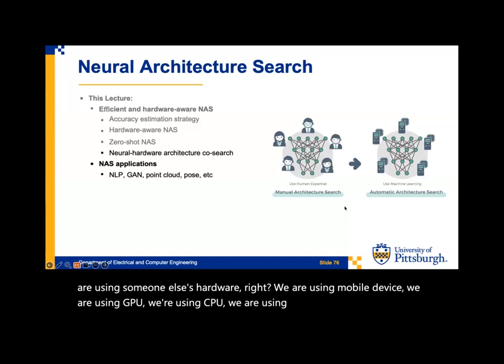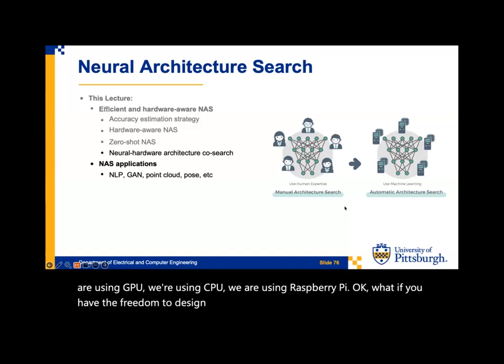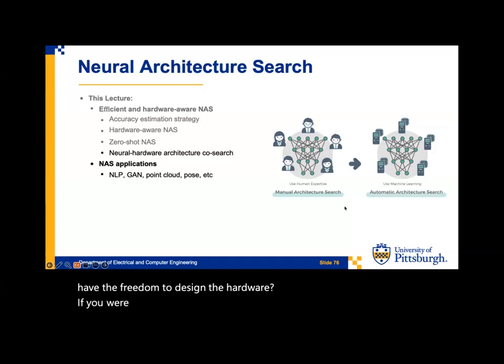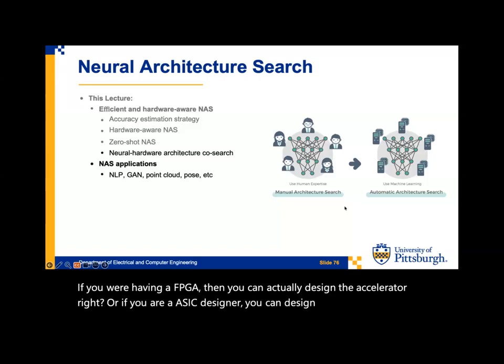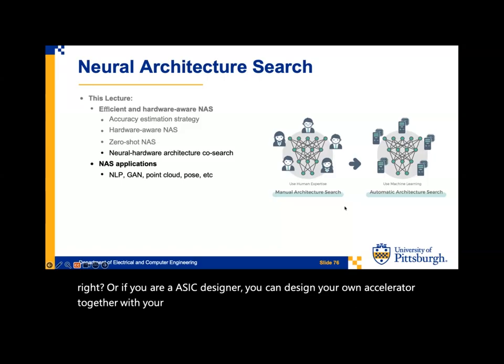What if you have the freedom to design hardware? If you had an FPGA, you can actually design the accelerator. Or if you are an ASIC designer, you can design your own accelerator together with your network. So that's the idea of neural hardware architecture co-search.